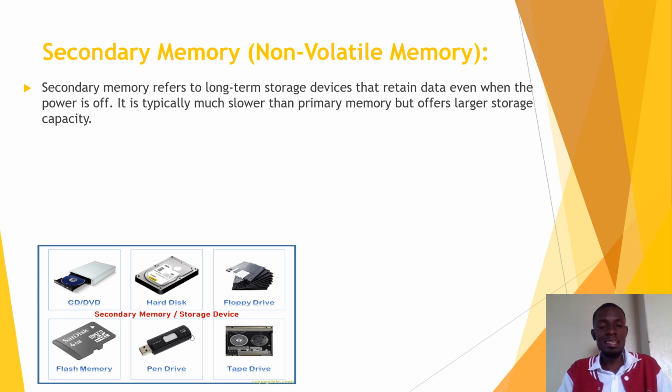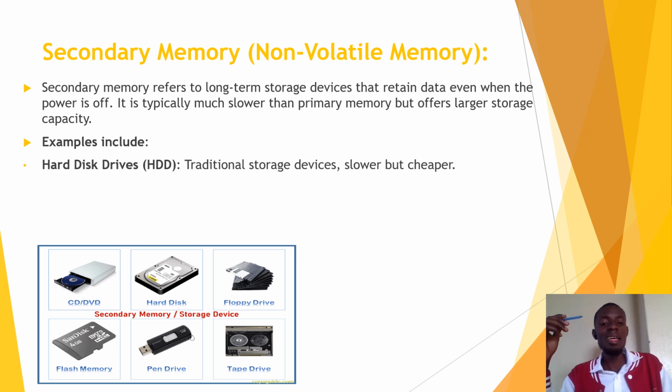And the examples are here in the figure. We have the CD, the hard disk, the floppy disk, the memory cards, SD cards. We have the pen drives, and so on and so forth.